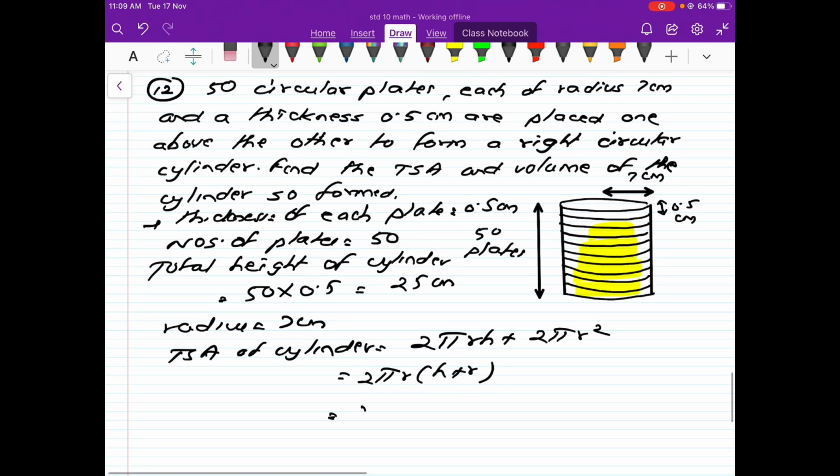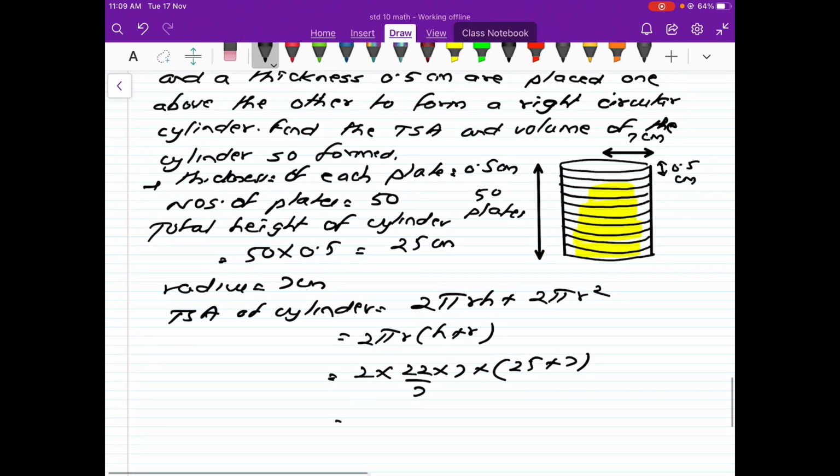So now we can put down the formula: 2 into 22 by 7 into 7 into h plus r. So h is 25, again r is 7. So this becomes 2 into 22 by 7 into 7 into 32. So we are getting 1408 centimeter square as the total surface area of the cylinder.